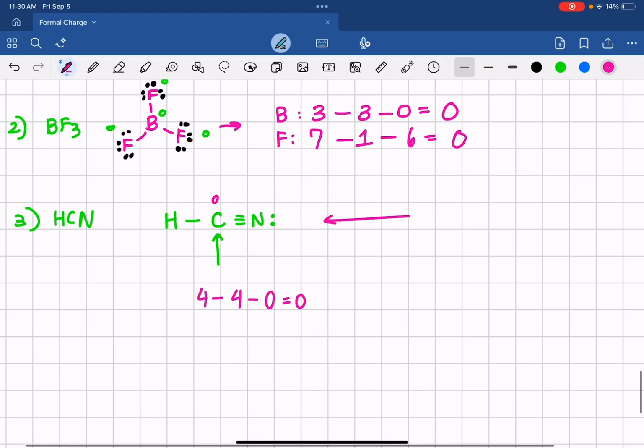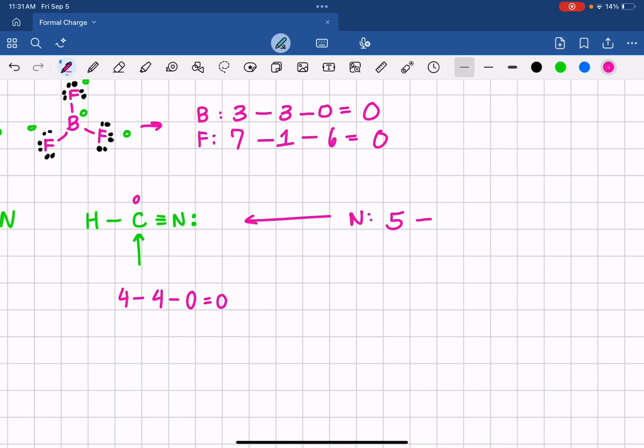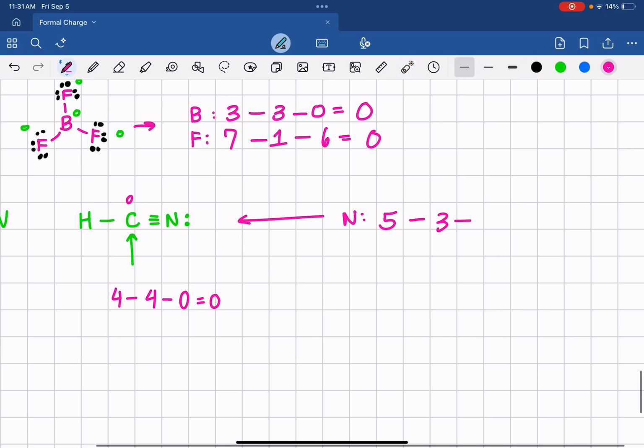Let's go ahead and calculate nitrogen. It is in column 5A, so I'm going to put down a 5. How many sticks does it have? 1, 2, 3. It has 3 sticks. Minus how many non-bonding electrons does it have?